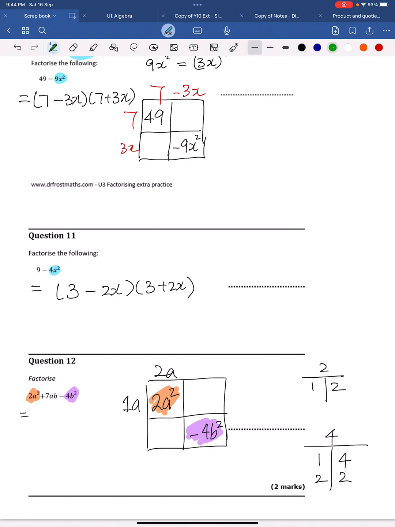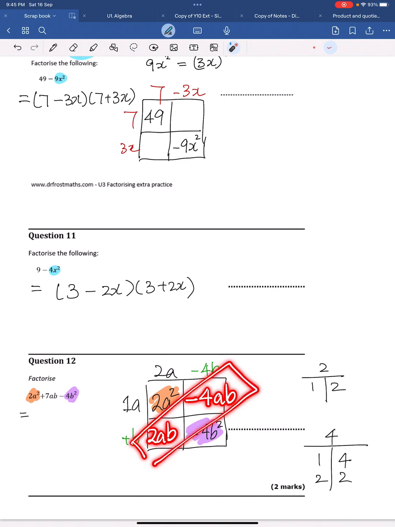Now let's say you don't know. You just randomly assign, let me make this one negative 4b and this a positive b. Now together they will definitely give you the negative 4b squared. However, if you look at the two empty boxes, you will have negative 4ab and then 2ab.